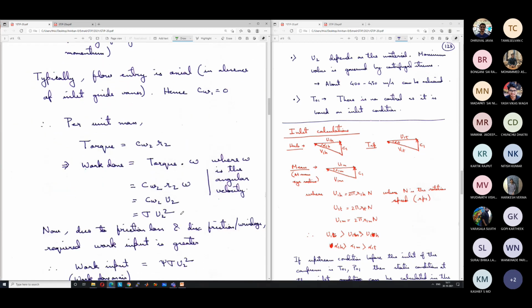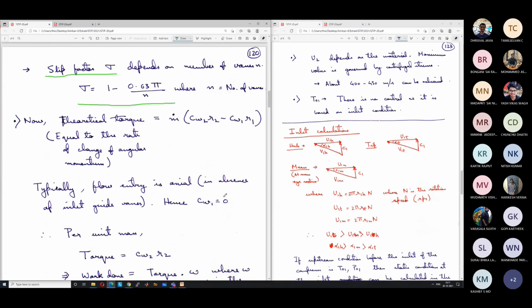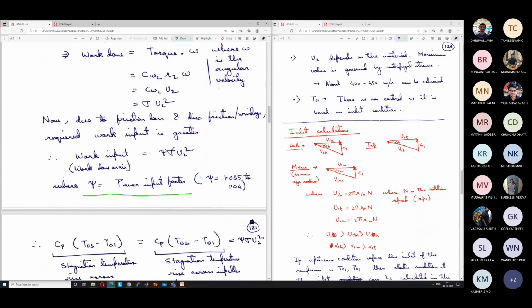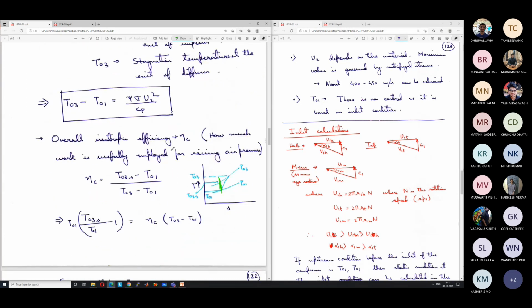So sigma U2 square minus Cw1 U1, because the inlet will also have a whirl. So the rise in angular momentum will be less. As a result, work input will be less, and as a result, temperature rise will be less.